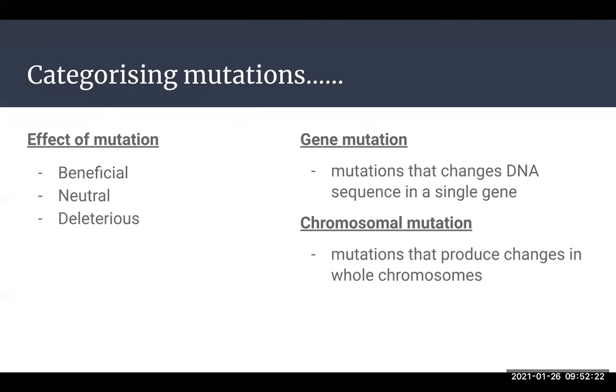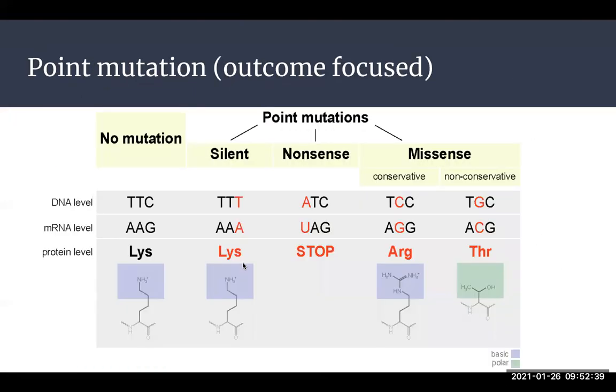If I ask you to define it in terms of where it happens, you'll tell me, this is a gene mutation or this is a chromosomal mutation. If I say, if this is a gene mutation, what is the effect? Then you can tell me it is a silent point mutation, which means it doesn't really affect much, all right?